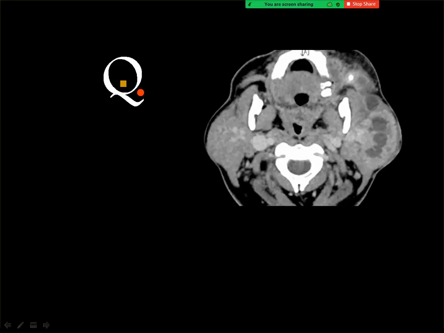And if you look carefully, you can see this radiopaque calculus at the end of the parotid gland duct, and the duct is markedly dilated.